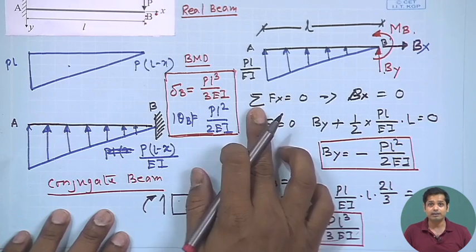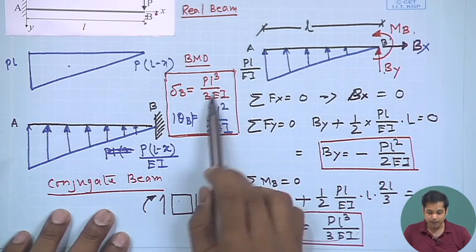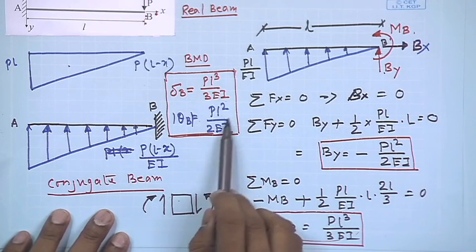So, this is the result: delta b is PL cube by 3EI and slope is PL square by 2EI.